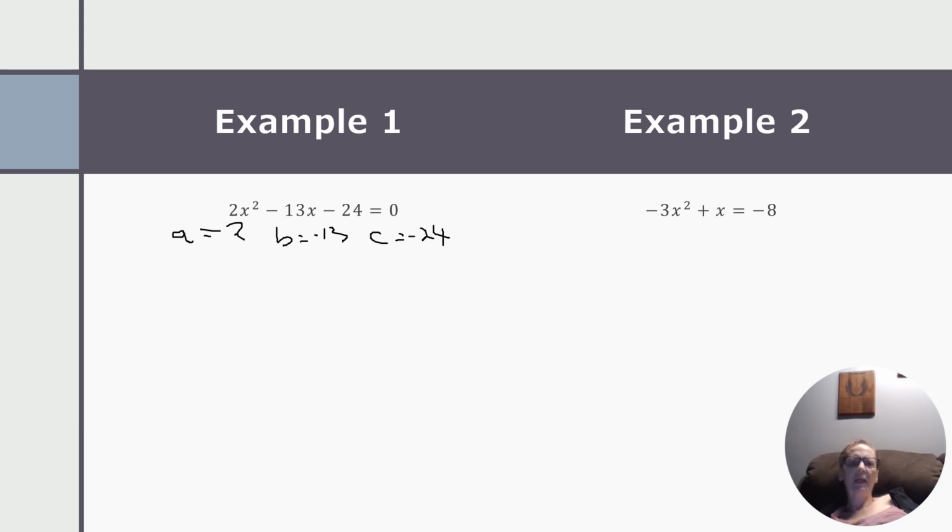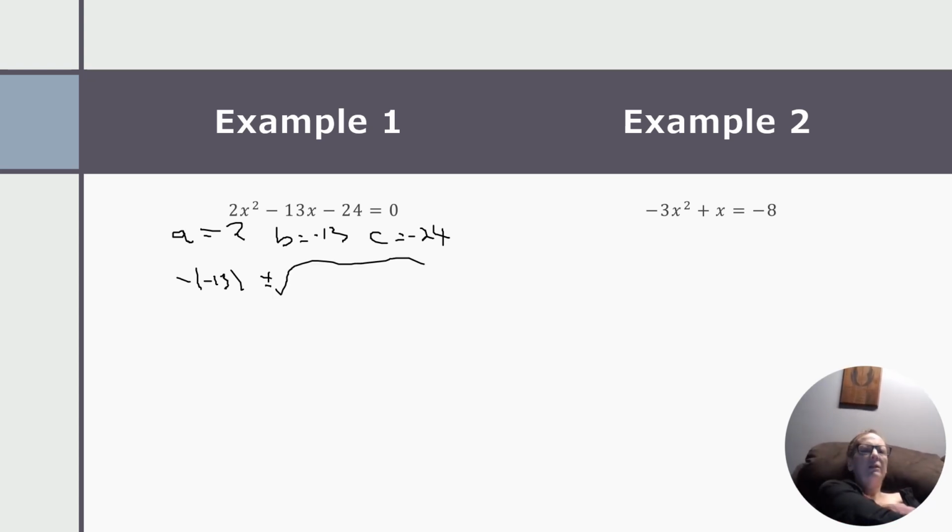I'm not going to write x equals because that just takes a lot of time. So I'm just going to go with the first part. It says x is equal to negative b, so negative 13, plus or minus the square root of b squared, so negative 13 squared would be negative 13 times negative 13, which is the same as 13 times 13, so that's 169.